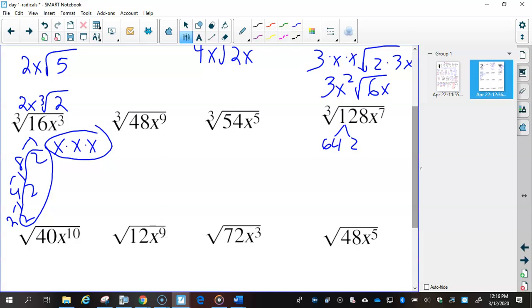Okay. I'm going to do this the easier, faster way. 3 goes into 7 how many times? 2 times. So I know there's going to be an x squared on the outside. And how many left over? 1. There's going to be 1 x inside. I know that much already. I haven't figured out my numbers yet.